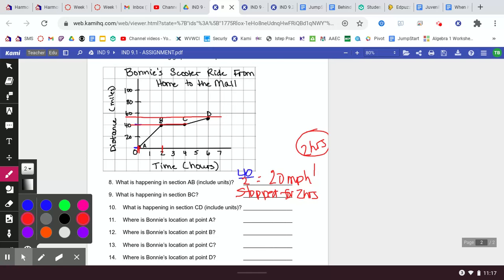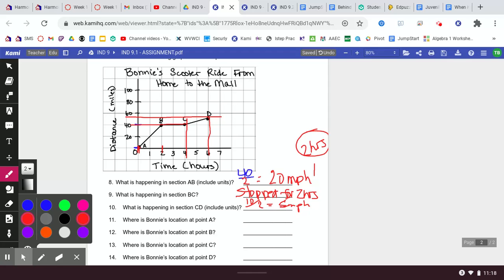Huh? 10 miles. Okay. And over time, how much time elapsed? 2 hours from C to D. And so what is her rate? Good. 5 miles per hour. Okay. Again, when it asks what is happening in a section where there's distance over time, you always write your answer as whatever miles per hour.